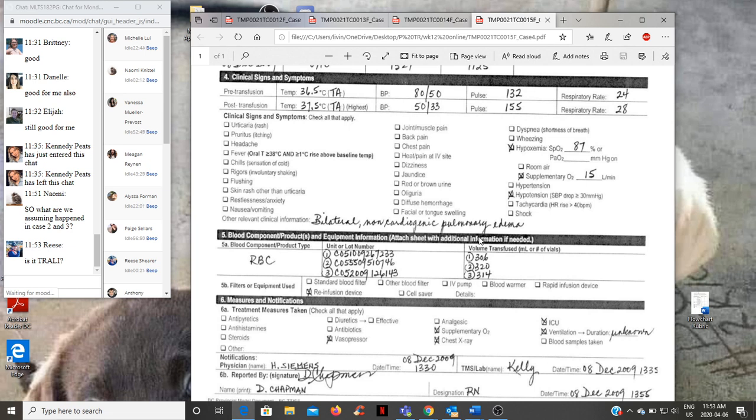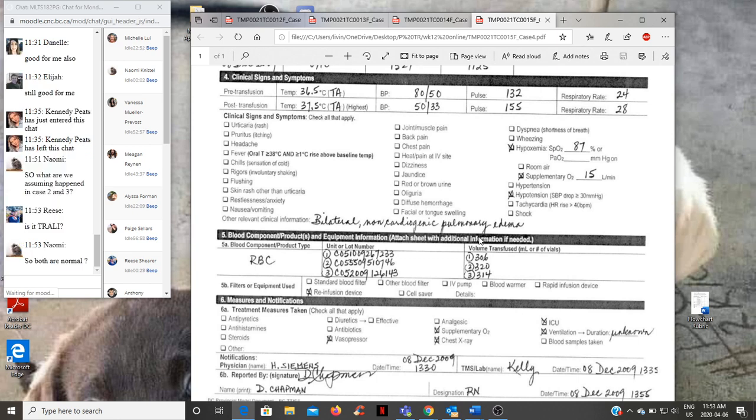To answer the questions, what type of reaction occurred, you can just base that on the signs and symptoms given so far. Yeah, just see if the signs and symptoms fit in with something that you have heard of in Module O.